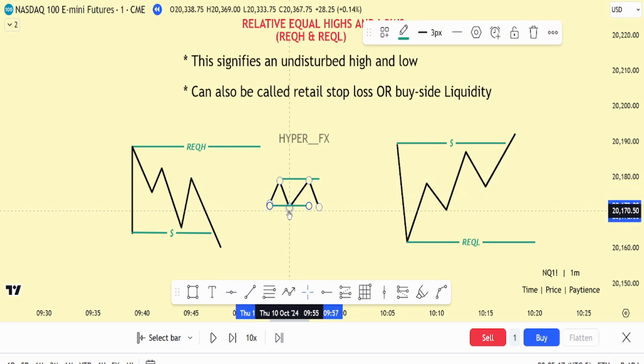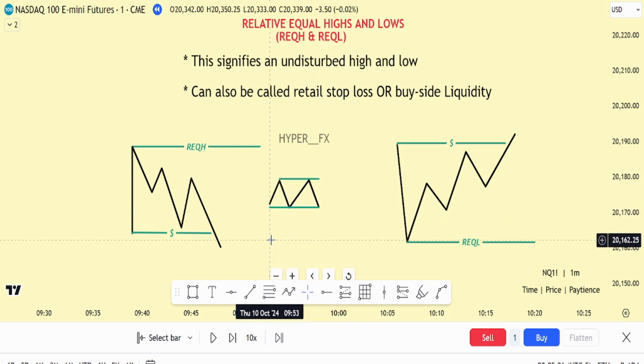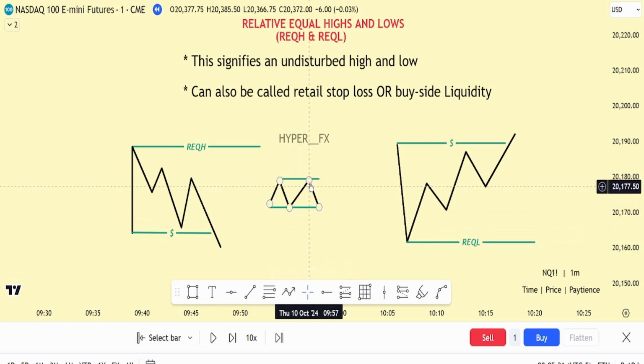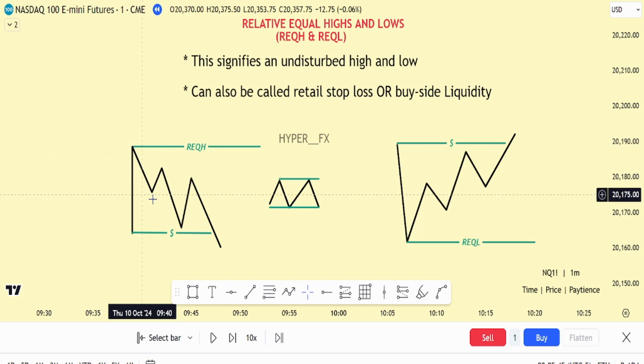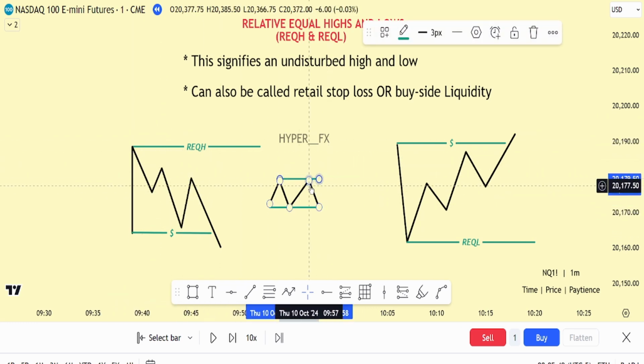So even though the name of this concept may sound contradicting, my point is that it doesn't necessarily mean that the highs are equal and the lows are equal when you measure them.